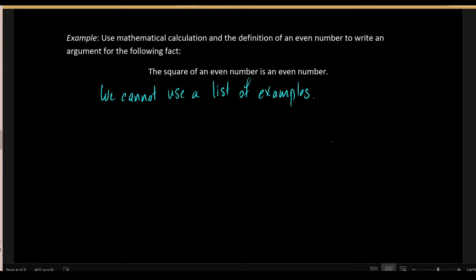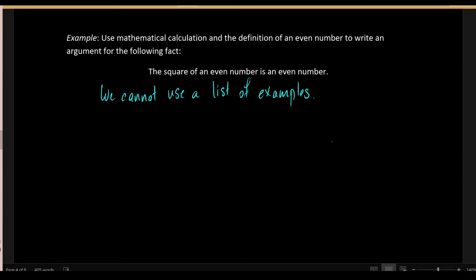And no matter how many examples you give this skeptic, the skeptic will always give you an example of an even number whose calculation you haven't considered yet. You can go all the way up to 1 million squared, and the skeptic will say, what about 1,000,002? So we need to write an argument which will cover every single possible even number in one shot.